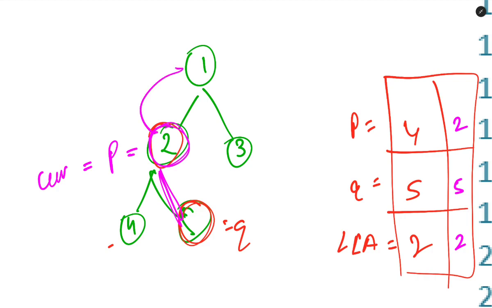And if 2 is returned here, 1 will check that okay, 2 is the lowest common ancestor, but how will it find out that it needs to return 2, not 1?